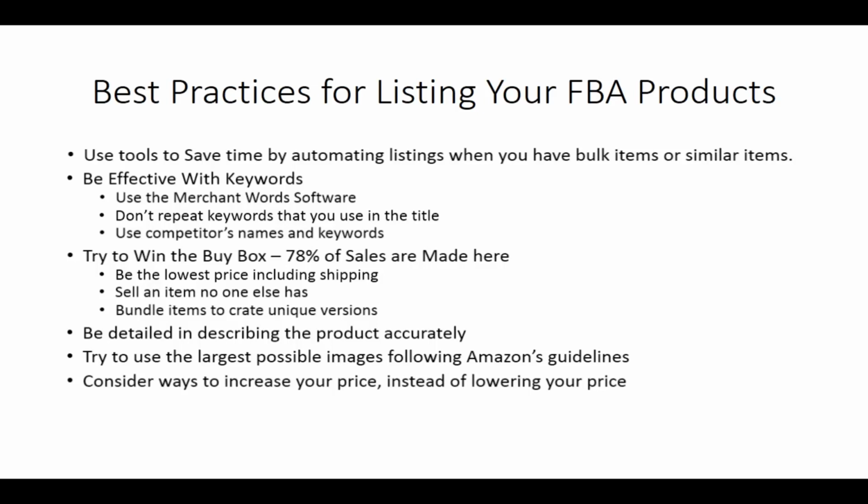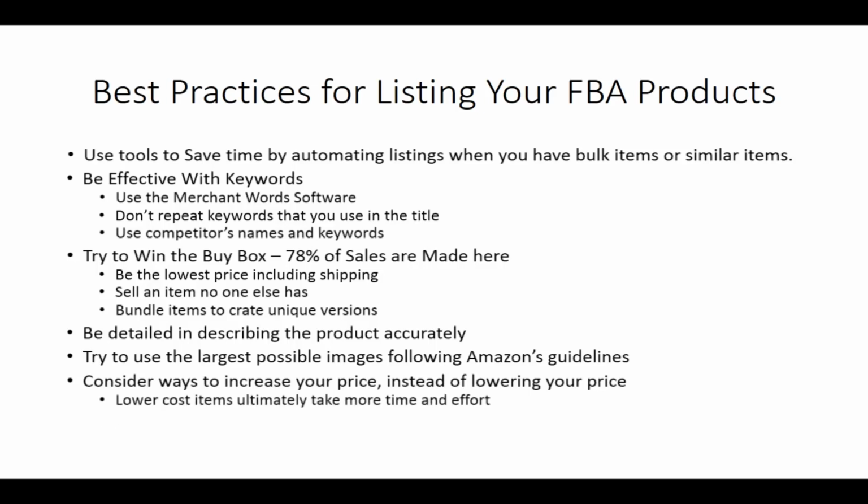Now, often you'll hear that you want to compete on the basis of price, and this is often very true. But we talked about bundling in this video, and we also talked about multi-packs. So try to find ways in which you can give your buyer more value, yet increase the price they're going to pay, even if they have to get two items. There really is a reason for this.